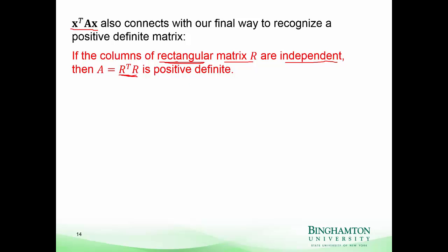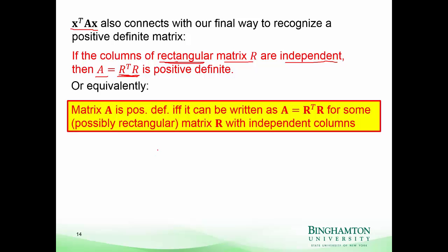It could be square, because obviously squares are rectangles, but we can let it be rectangular because the product will give us a square matrix. This is a really nice result, and it shows up all over the place.